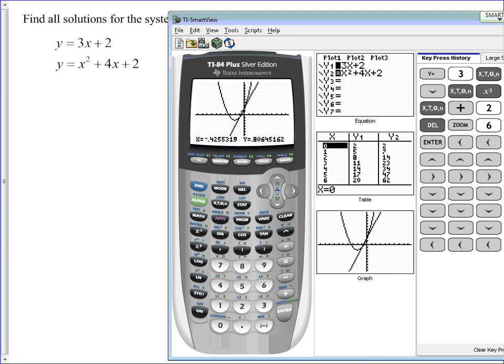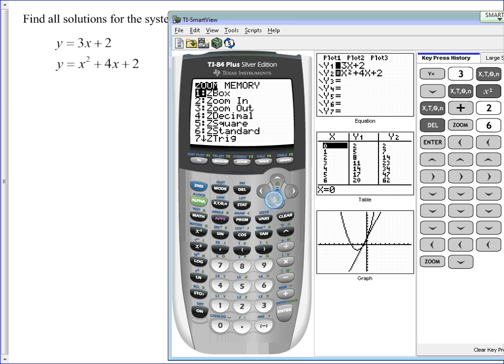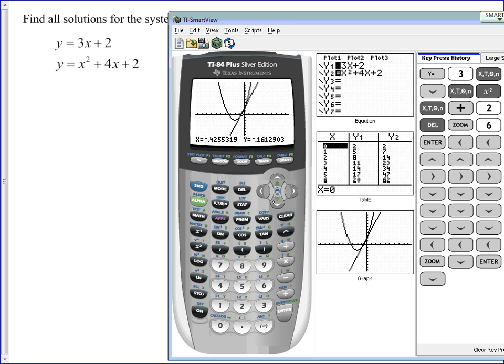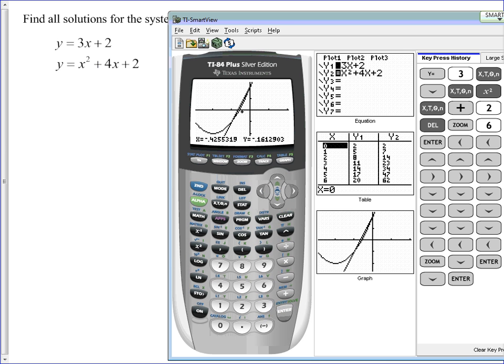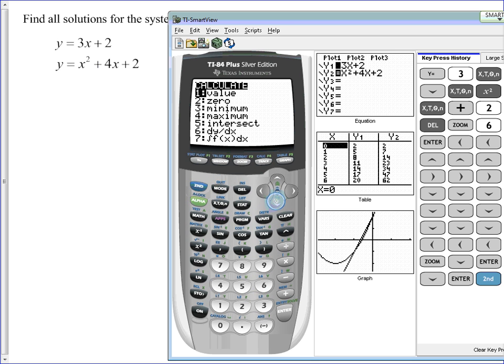So what I want to do is zoom back in, but I'm going to center it on the origin. So there we go. Now I can see the two different intersections. And so we're going to go to second, calc, intersection.